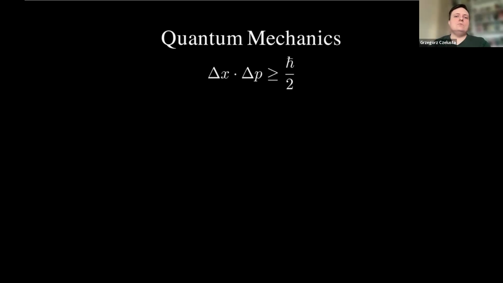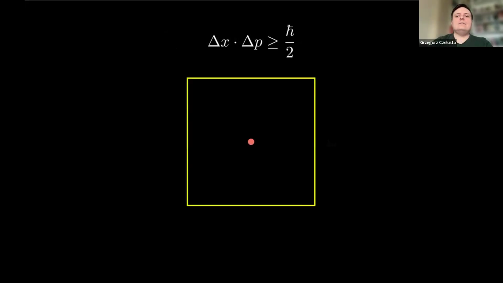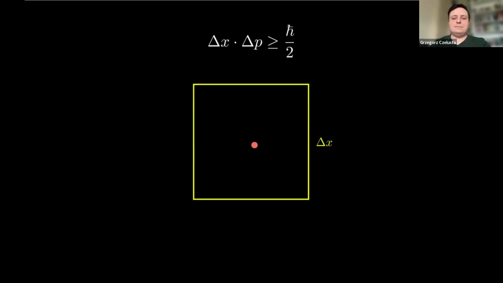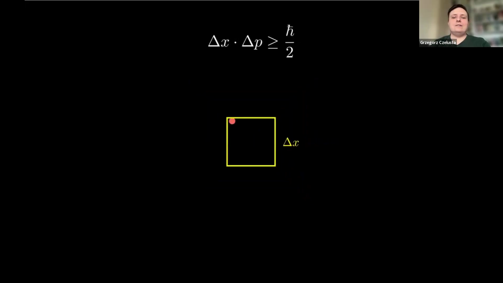The more precisely we know the position of a particle, the less precisely we know its momentum, and vice versa. So when we decrease the uncertainty of position of a particle, we increase its momentum and therefore its energy.